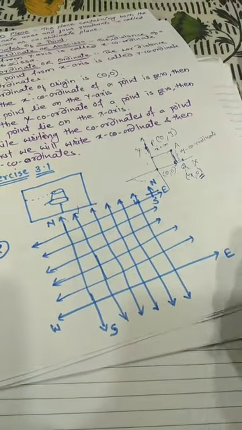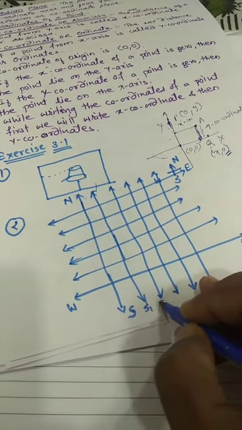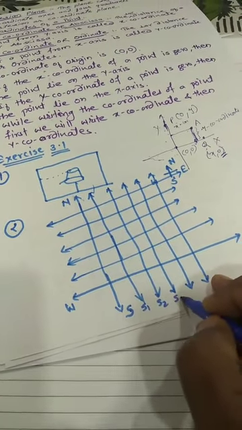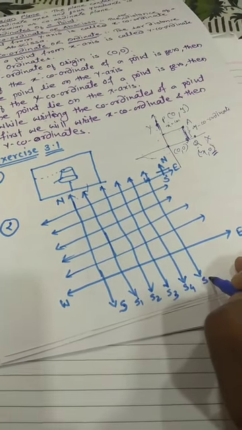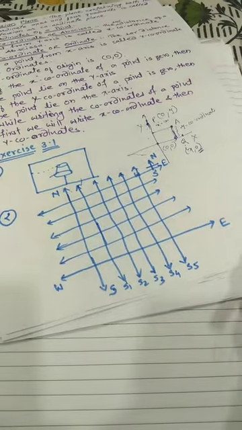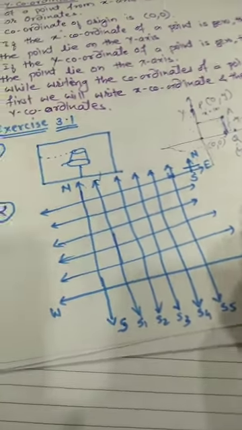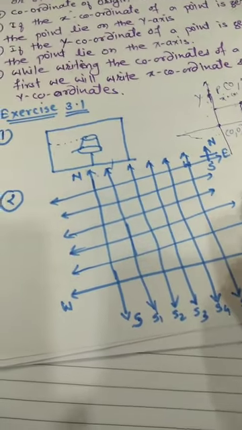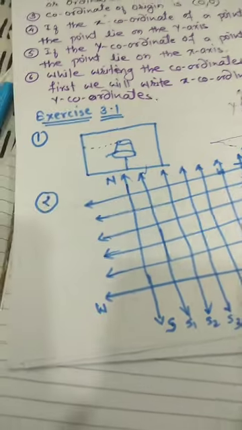So we will give the names S1, S2, S3, S4, S5, and here we will give 1, 2, 3, 4, 5.